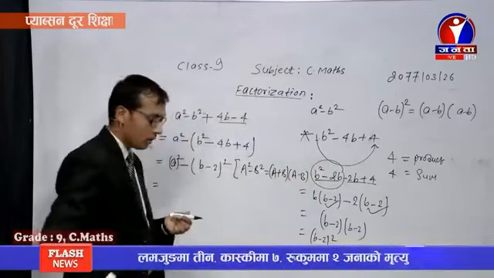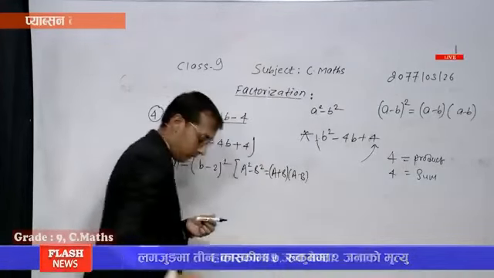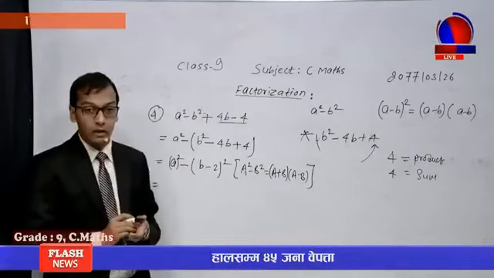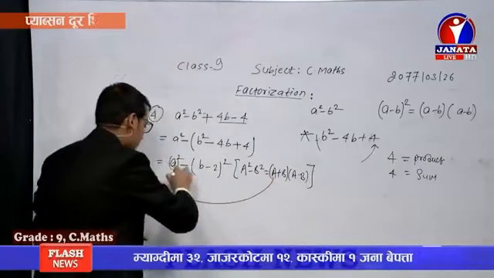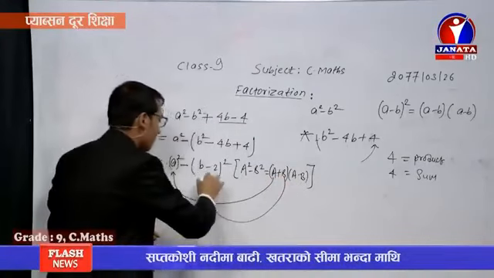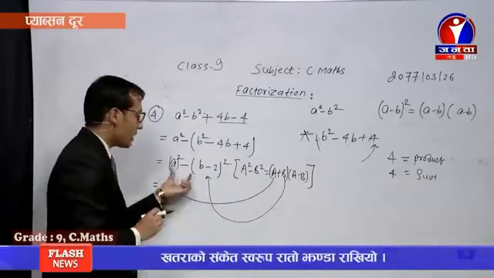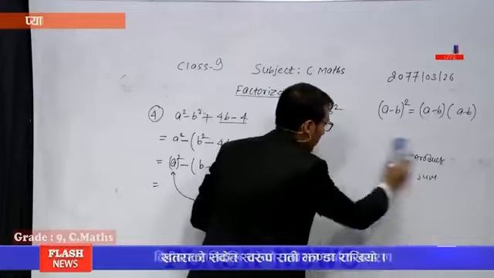So these are the factors of a square minus b square. So what is a? Capital A, it's small a, and what is b? B is b minus 2. So let's try to convert into this formula, a square minus b square formula.